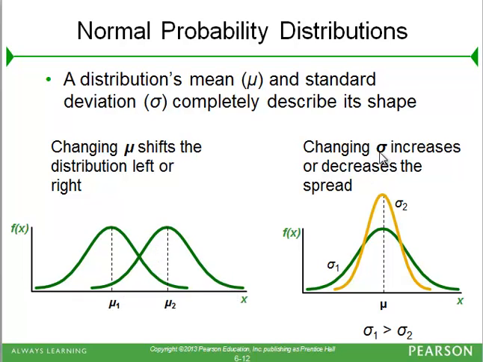And sigma increases or decreases the spread. As we can tell, this green normal probability distribution has a bigger sigma, meaning the data is widely spread around the mean. And this orange one, with a smaller standard deviation, means most of the data is clustered closely around the mean.